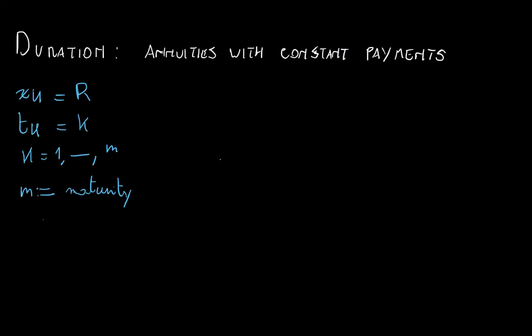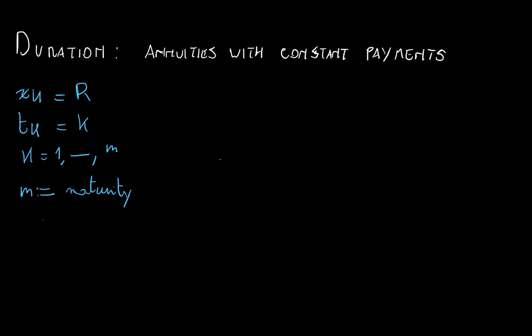Now we are going to deal with a practical example of a financial operation, which in this case is an annuity with constant payments. We will derive a mathematical formula for the duration of this financial operation and show how it depends on the interest rate.